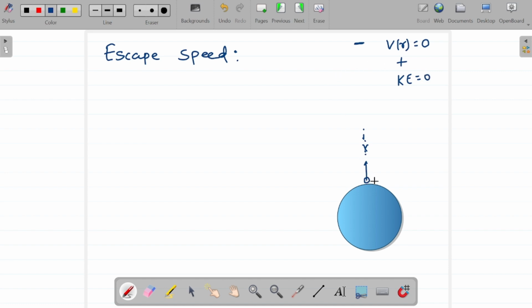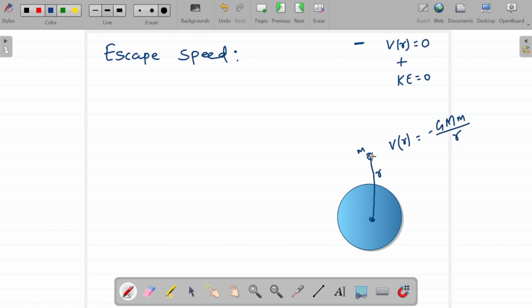Now if this stone is at a distance of r from the center of the earth, not the surface, it has potential energy of minus G M m divided by r, where M is the mass of the earth and m is the mass of the stone.